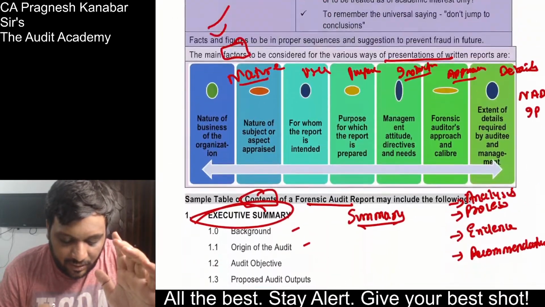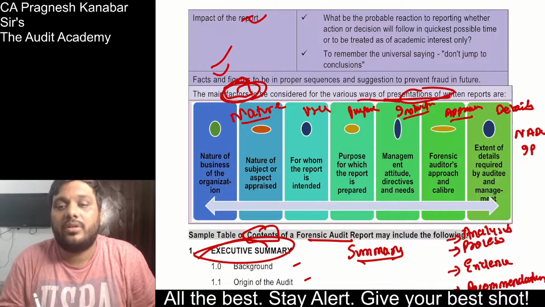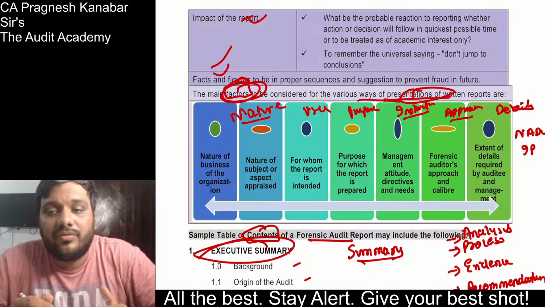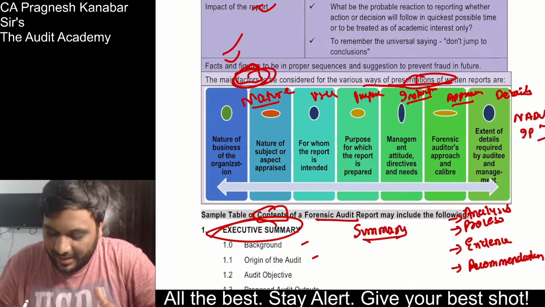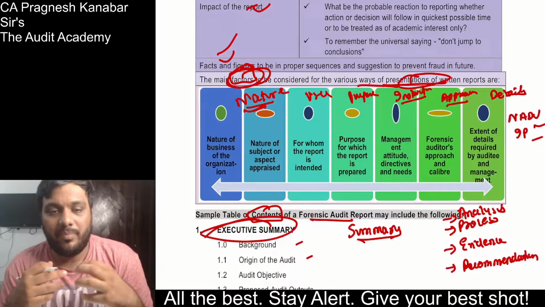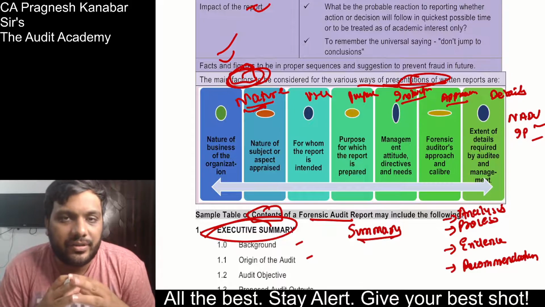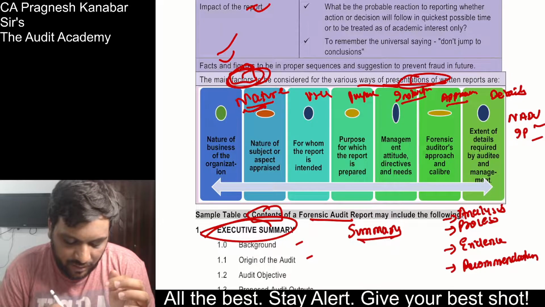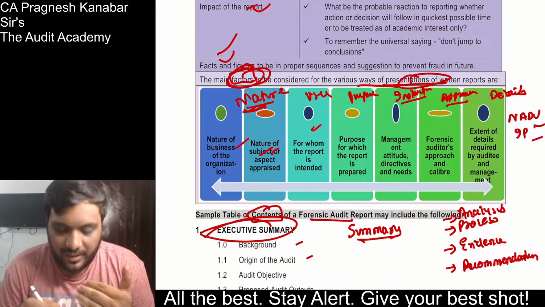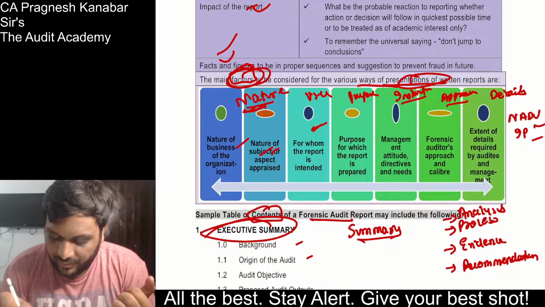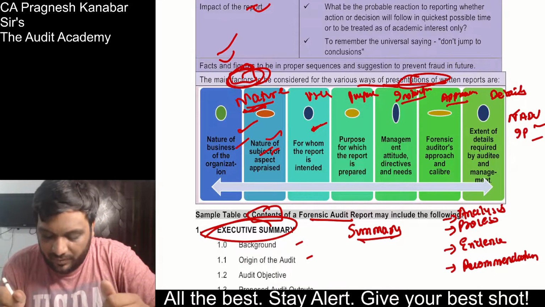Then they can ask you this question: what are the factors to be considered for presentation of the report? Look at this mnemonic, NADU IP. For presenting the report, you should be very clear about the nature of the business for which you did the forensic audit, the nature of the subject, and who the user is.